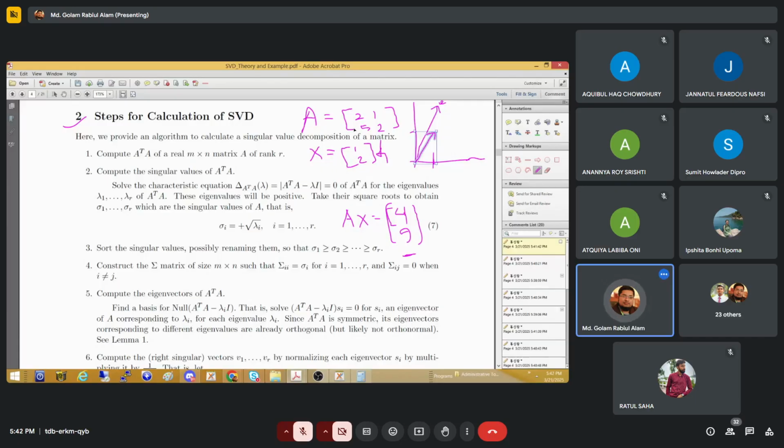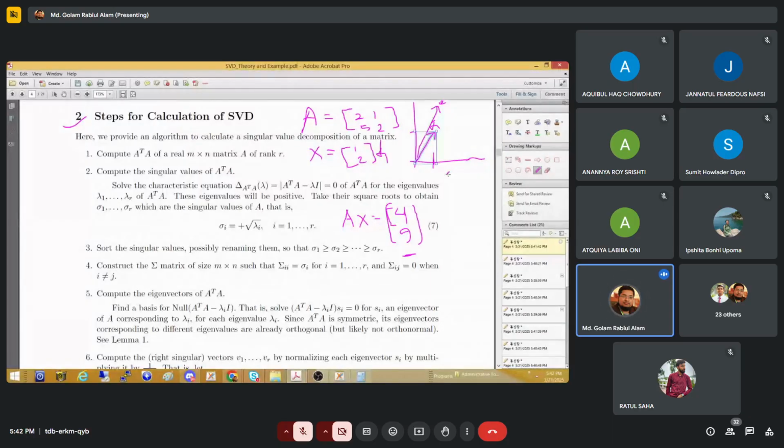This vector, if we multiply by any matrix, then actually what it does, it scales. That means we can say it increases the length, and also it's rotated to somewhere else. So that is our scaling and rotation.